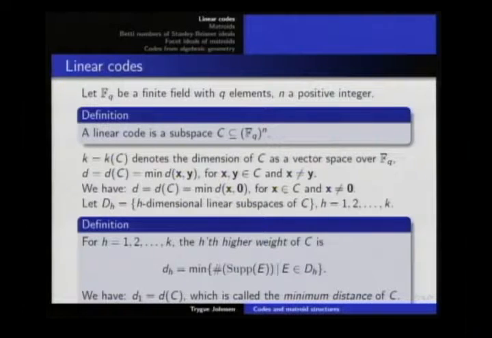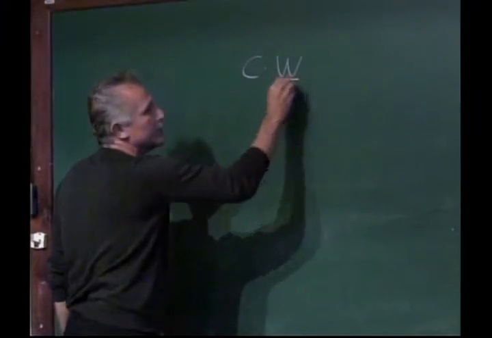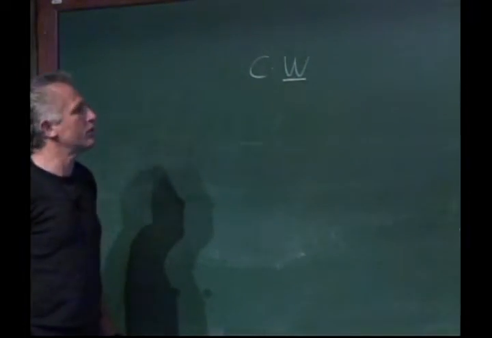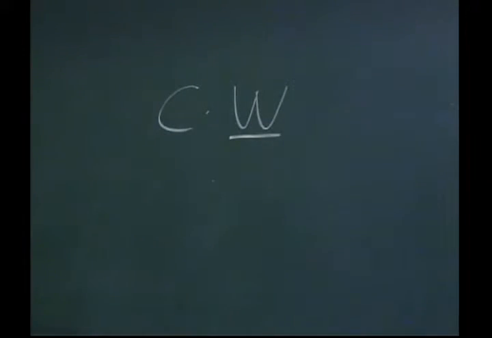So, as an example, what is d_1? Well, it's the minimum cardinality of the support of a subspace of dimension 1. But what do the subspaces of dimension 1 look like? They are a constant times a given word, and the support of this entire subspace is equal to the support of this given word.